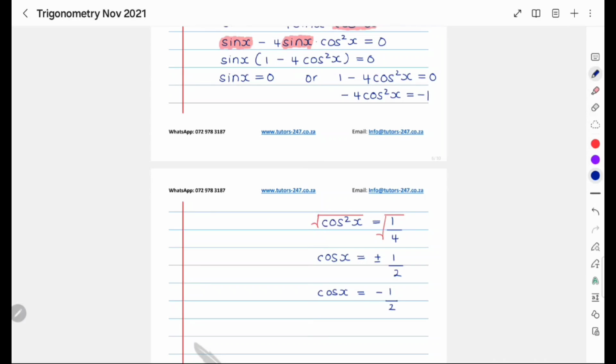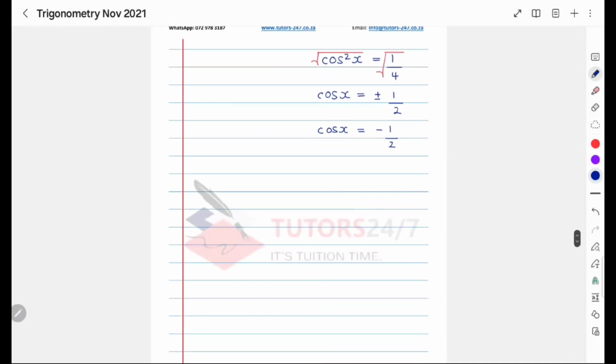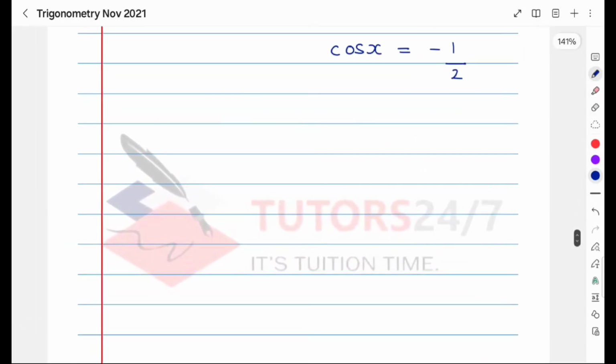Now I'm going to focus on sine x equals 0 first. So let us have a look at that. Sine x equals 0. When is sine x equal to 0?